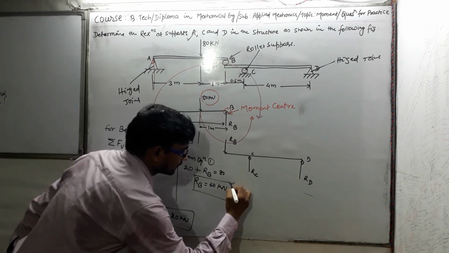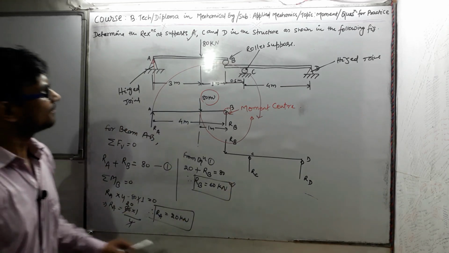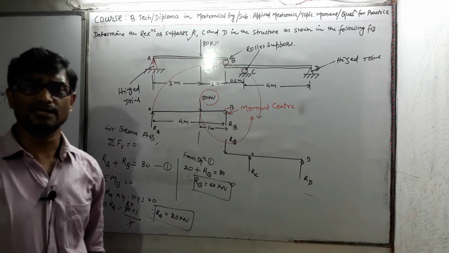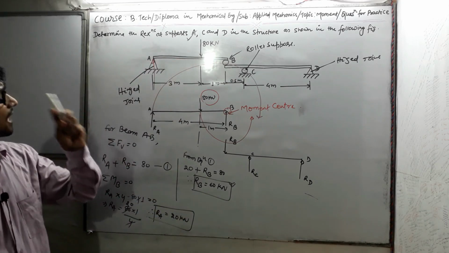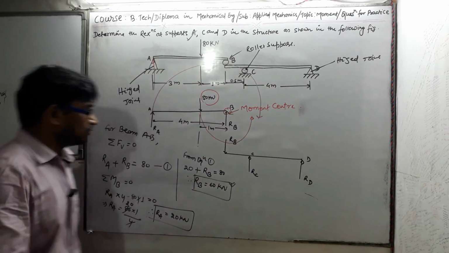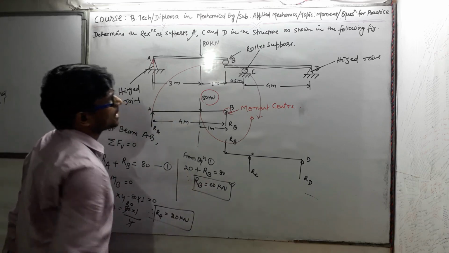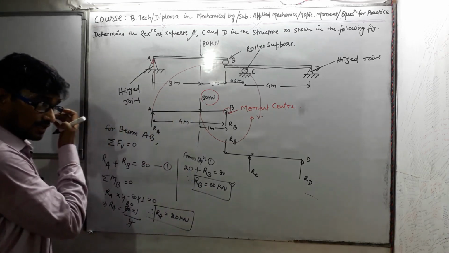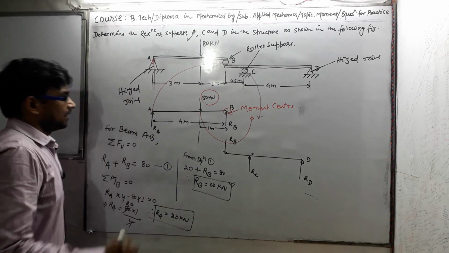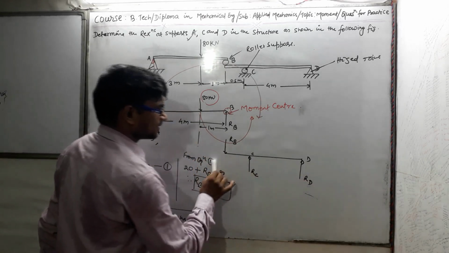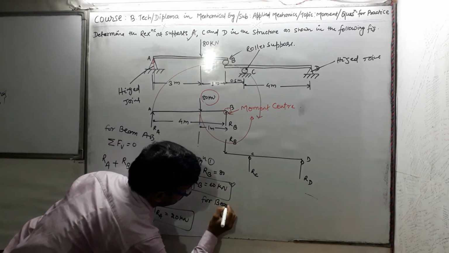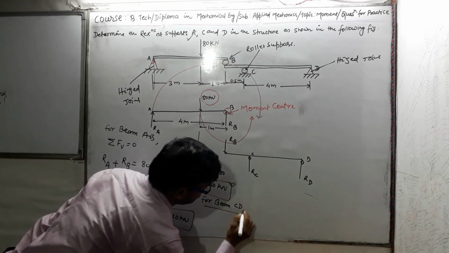We have got another reaction force, but the question is not asking you to find the reaction force at point B. The question is interested in finding the reaction forces at points A, C and D. While calculating, this force comes out as a substitute for the whole structure. Now for the lower beam CD.